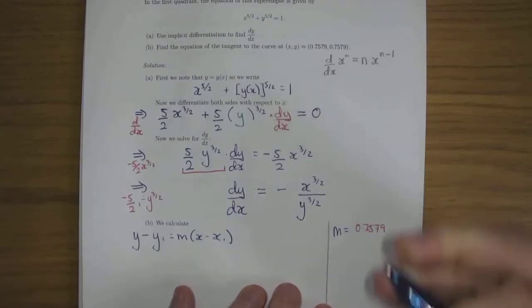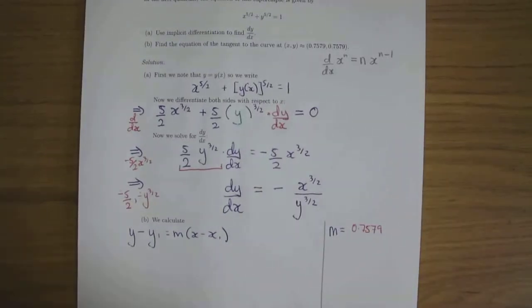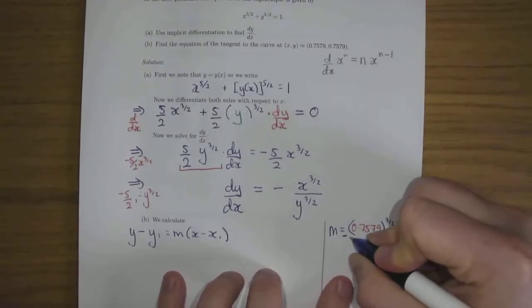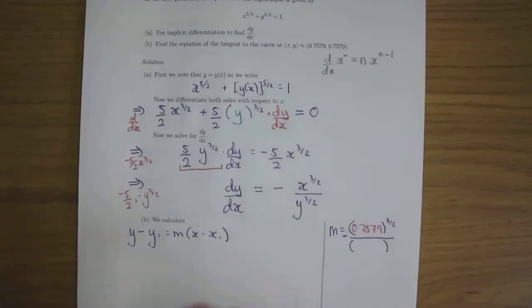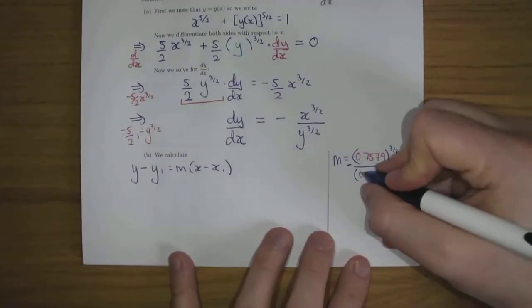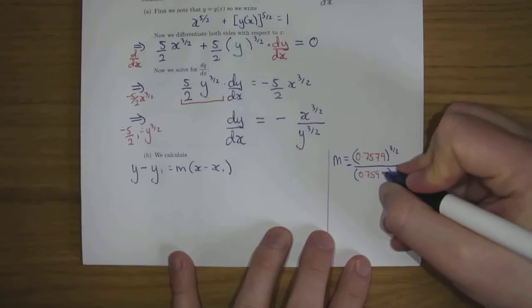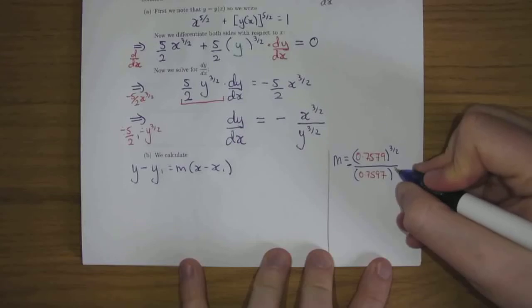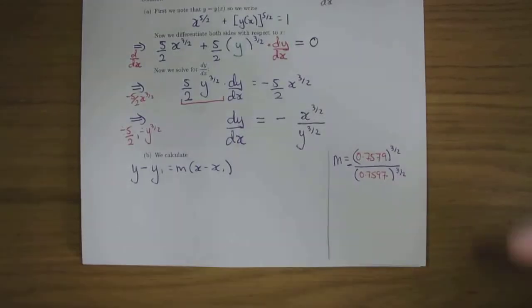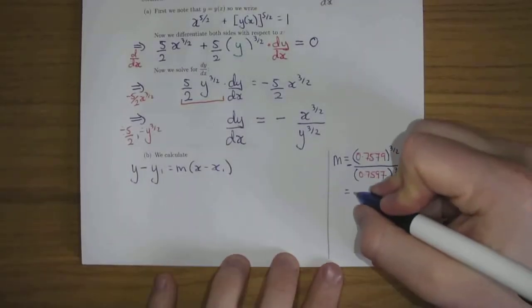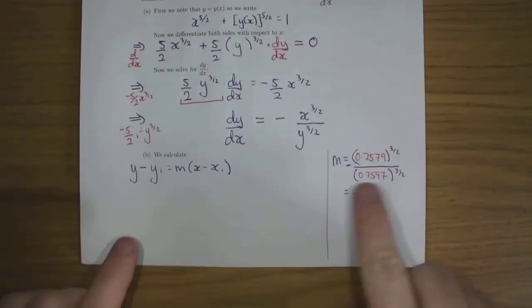0.7579. I forgot my minus. It's minus 0.7579 to the power of 3 over 2 divided by 0.7579 to the power of 3 over 2. You can put this into the calculator, but look, anything divided by itself is 1, so it's going to be minus 1. And the x1 and the y1 are those things.